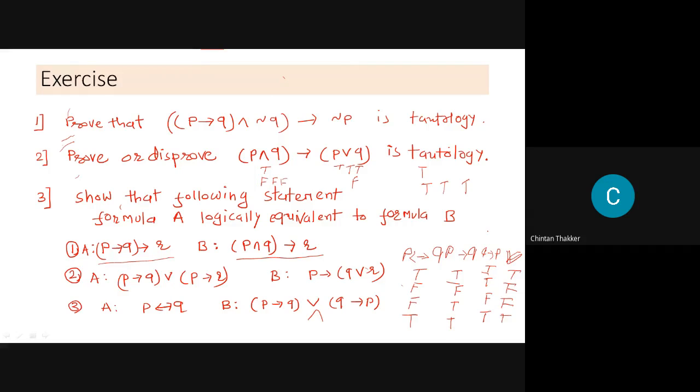Therefore A if and only if B is a tautology, and therefore A and B become equivalent. Okay. So if we change only the operator, the OR by AND, then the statements become equivalent. In an examination, take it carefully.